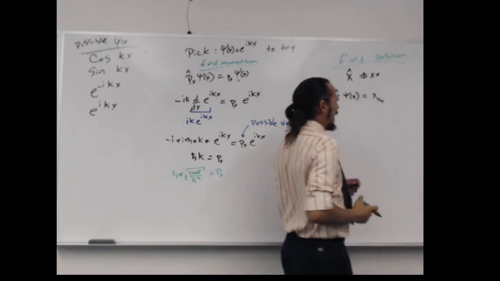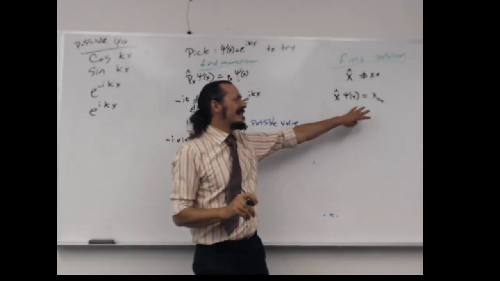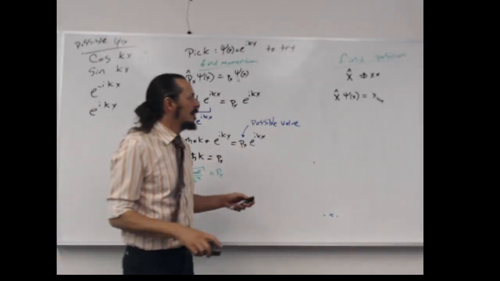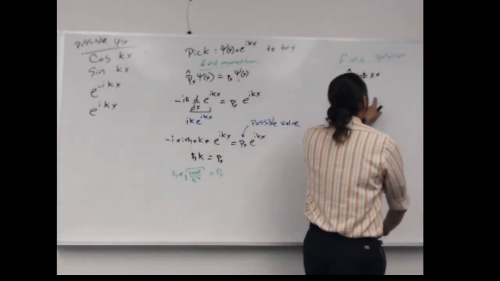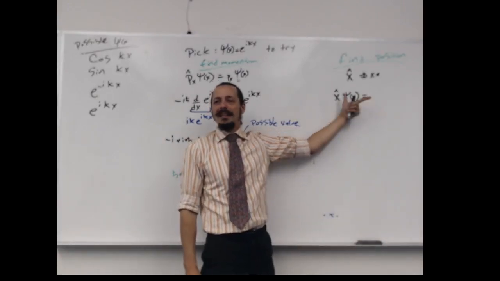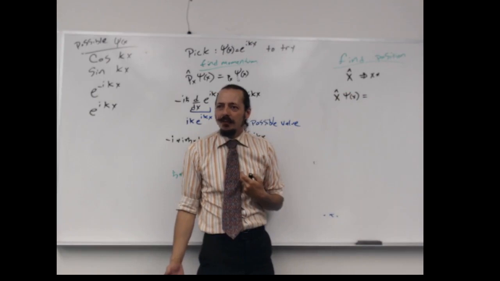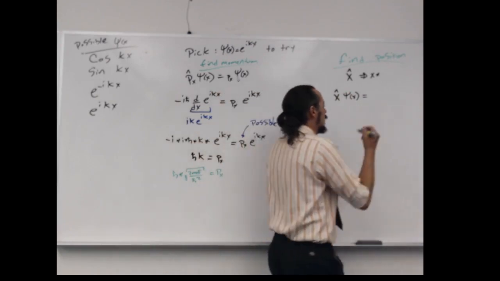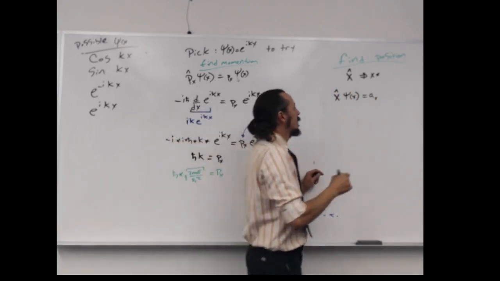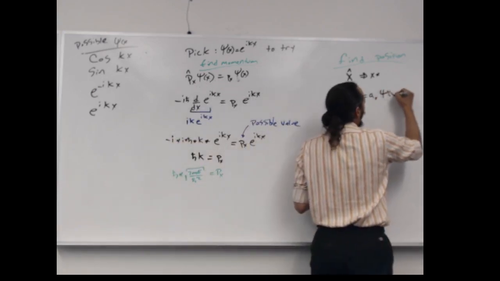I feel like I should put the x in quotes. This is kind of weird. I don't know what to call this thing. I had this problem in my notes as well. I need a variable here that's just like a number related to x. Can I call it a of x? Is that okay with everyone? Sure. So it's a number related to the position and the psi of x factor.